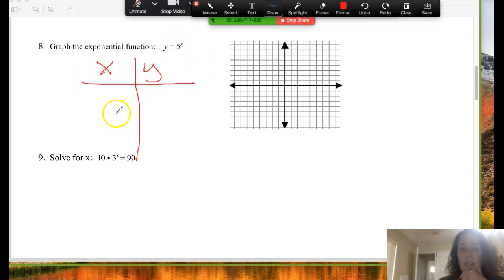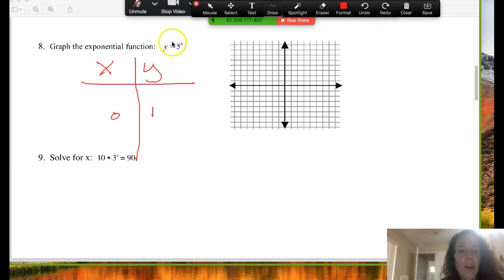Start with 0. Anything to the 0 power is equal to 1. So you should always have that 0, 1. Unless you're adding 5 and shifting up or something, then you would have 0, 5. But when you plug in 0 for the basic function, you should get out 1.